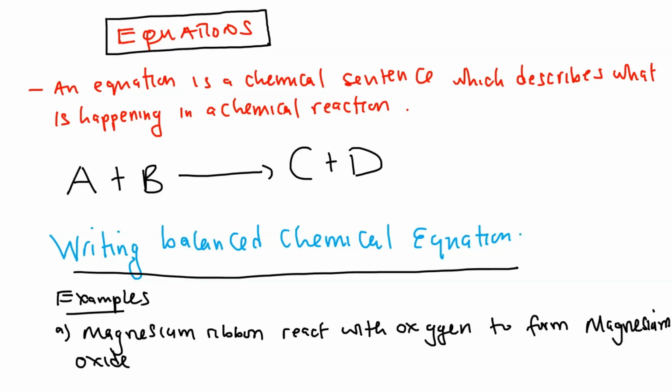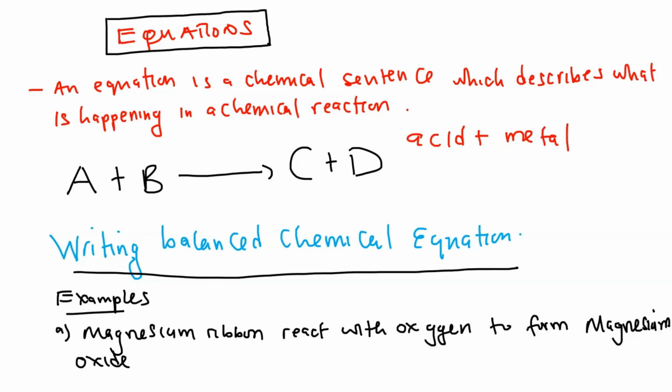So when you react, for example, acid plus metal, in terms of chemistry, to put it in a chemical sentence, you have to use symbols. So that is just an expression of a reaction in terms of symbols. That is a chemical equation.